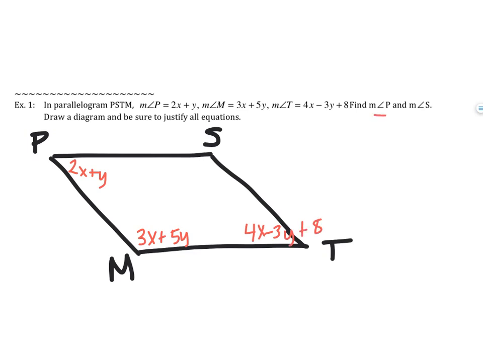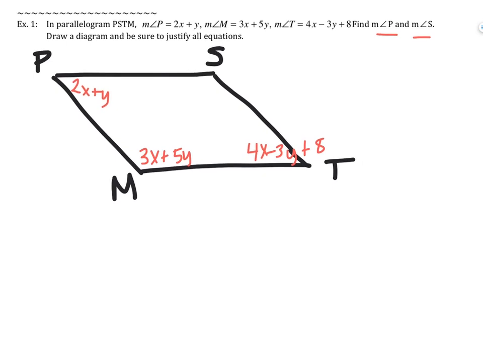And we want to find angle P and angle S. Looking at the diagram here, we want to figure out what we know. What in those properties that I just listed can we make an equation out of? Go ahead and pause the video and see if you can figure something out. Okay, so hopefully you were able to figure something out.